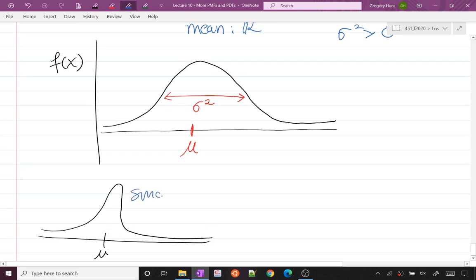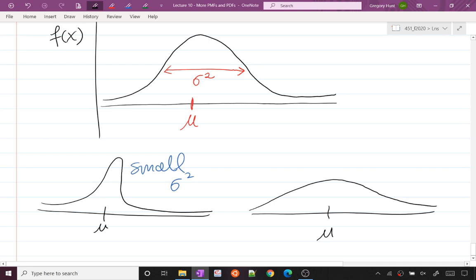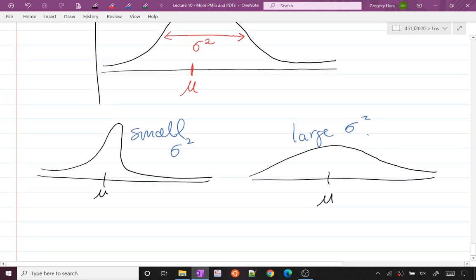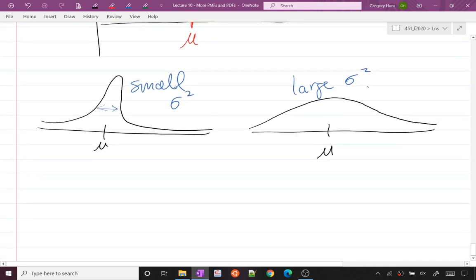So you could have a case with a small sigma squared, a small variance. Or you could have a case with a really wide sigma squared. Here's mu, and this is a large sigma squared. The density is widely spread out around mu in the large case, and very tightly spread out around mu in the small sigma squared case.